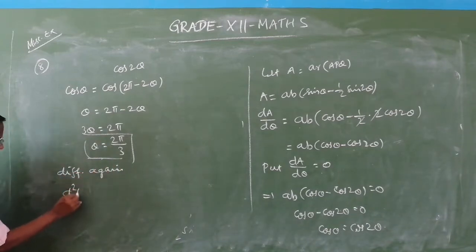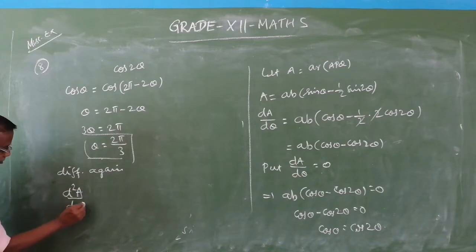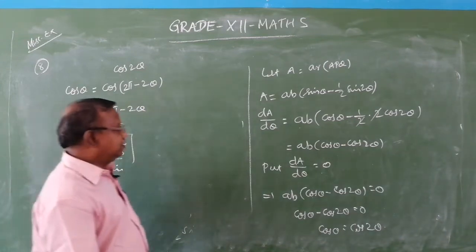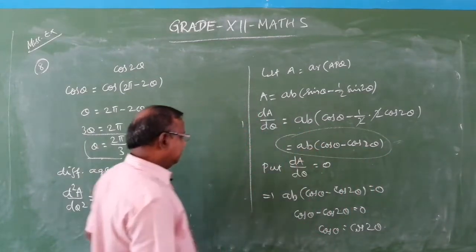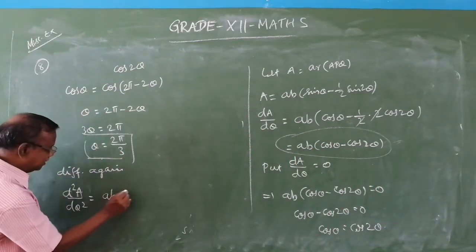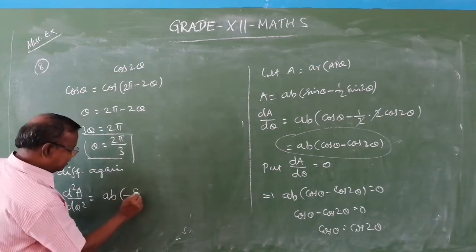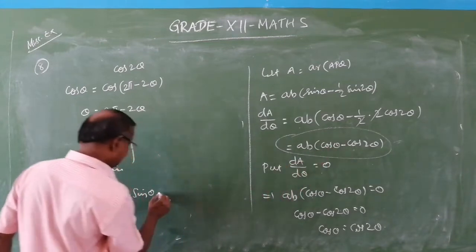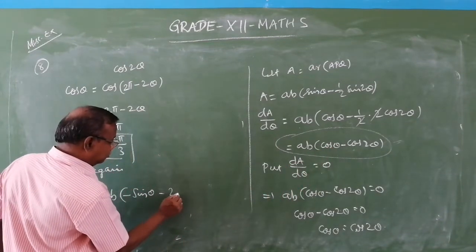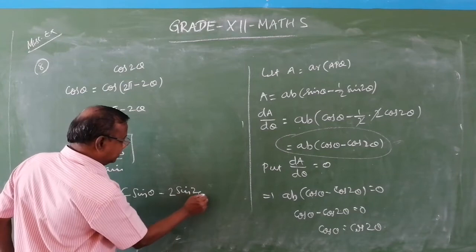we have d square A by d theta square. Now this is the dA by d theta, so it is AB into cos theta becomes minus sin theta, and minus of 2 sin 2 theta.